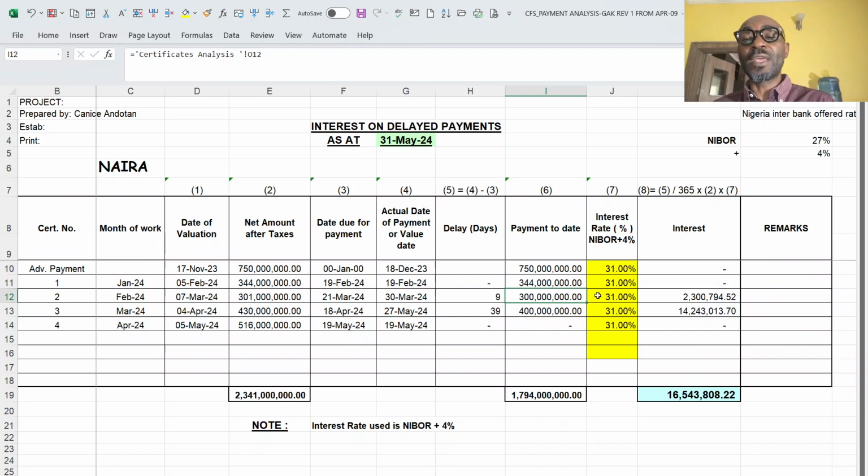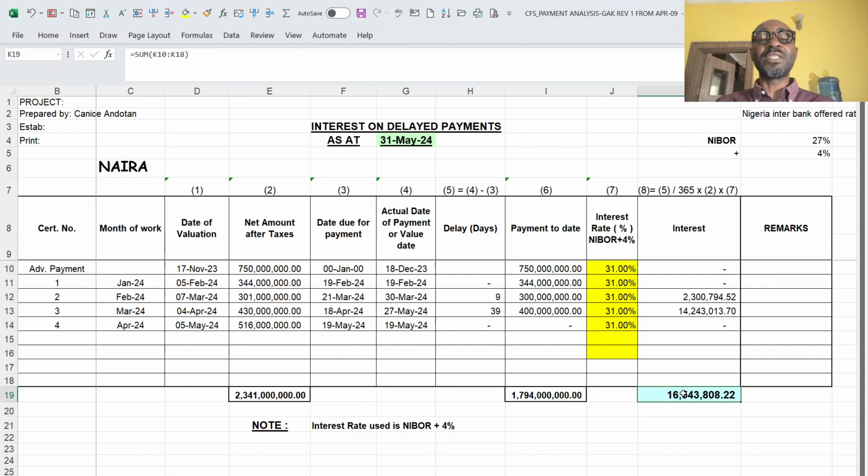So I have the figure here. So the formula to compute my interest is the number of days that I'm delayed, divide by 360, multiply by the figure that I am entitled to earn, multiply by 31%, gives me the interest that is accrued to the monies that I am paid. So this is the amount that I am due.